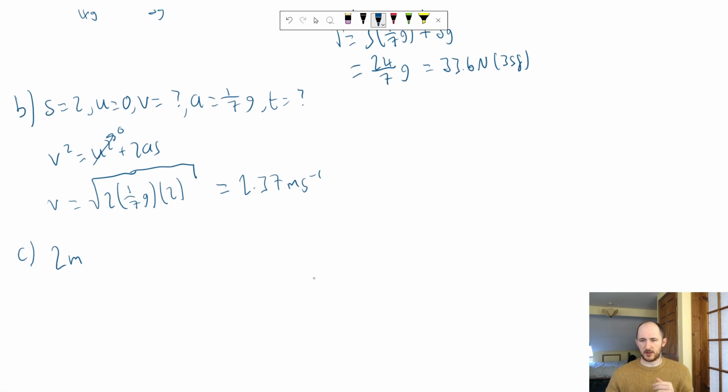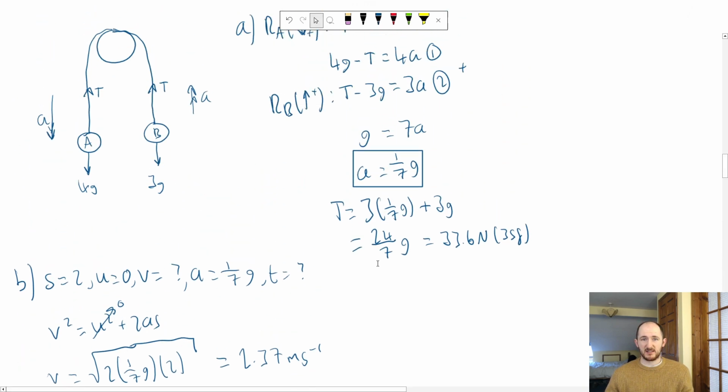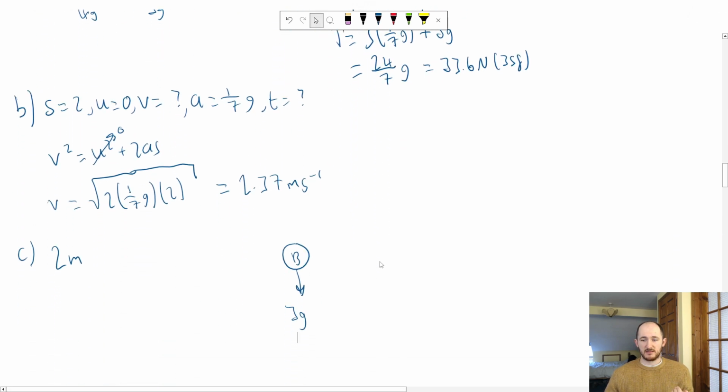So if we look at particle B now, we have particle B as a downwards force of 3g, and that's actually it, right? So that means the acceleration is also going to be down. Now, the really useful thing about writing it in terms of 3g, let me show you, is because F equals ma, we have 3g equals 3a. So in other words, a is just going to be g.